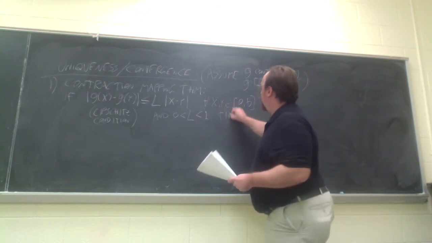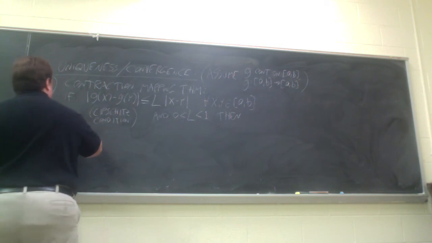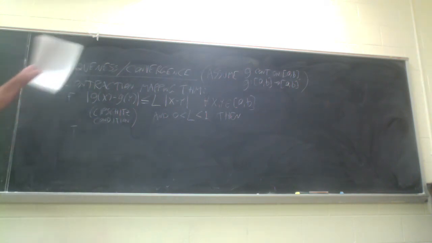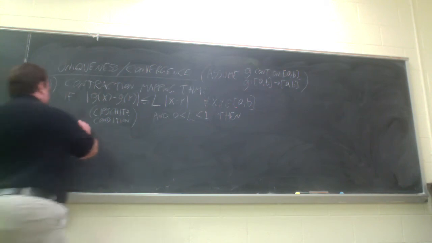Then we get the following. Because we already know from our earlier assumptions, Brouwer's fixed point theorem, that a fixed point exists in AB.